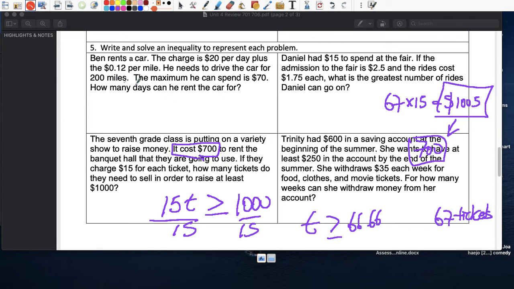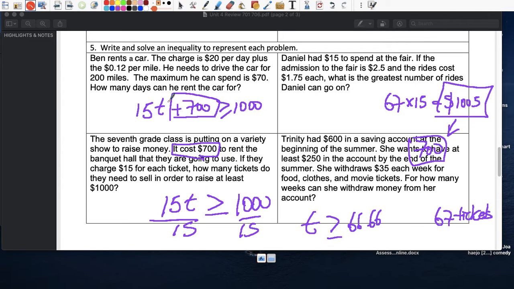Okay, so I know that the instinct, or you might have done this, is to say 15 times a certain amount of tickets plus 700 is $1,000. You can't say plus 700 because that 700 is not something that they made, right?